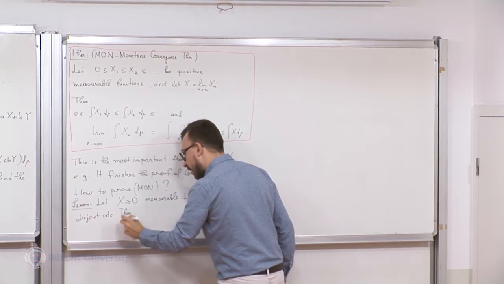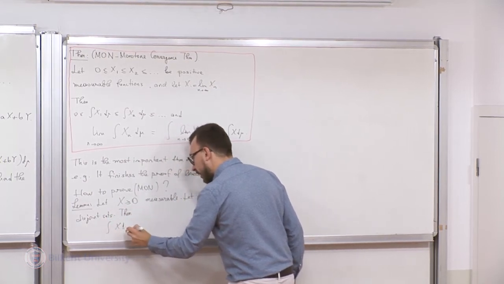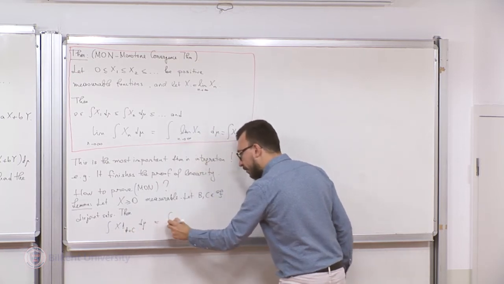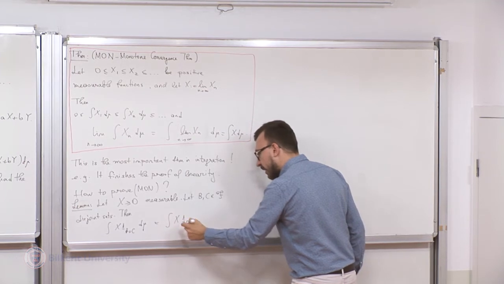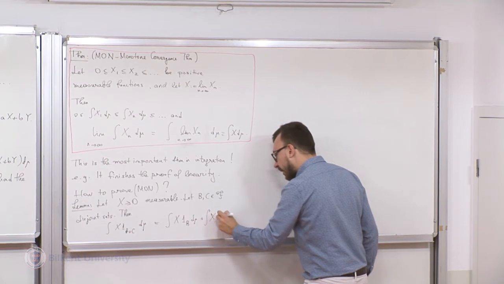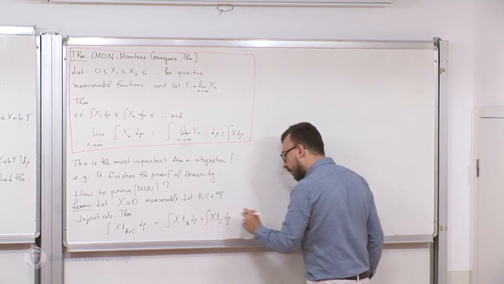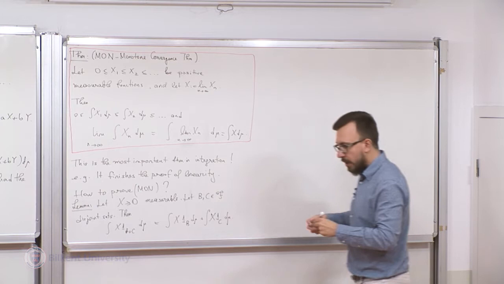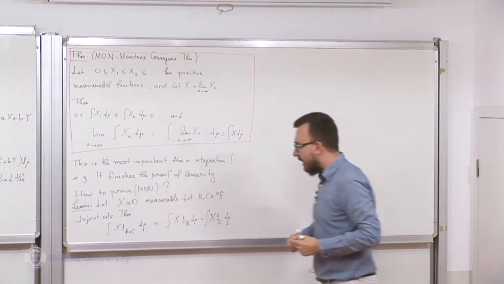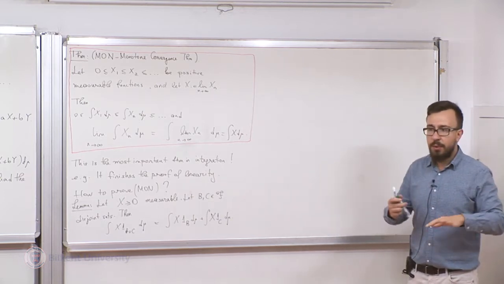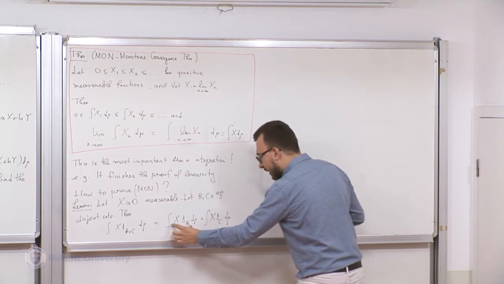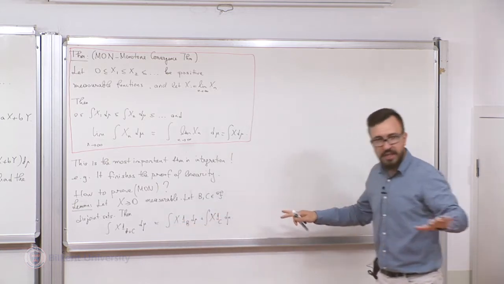Then the integral of x indicator B union C is equal to the integral of x indicator B dμ plus the integral of x indicator C dμ. So that is also kind of a linearity, but with disjointness. Okay? These two functions, x indicator B and x indicator C, they don't really interact.